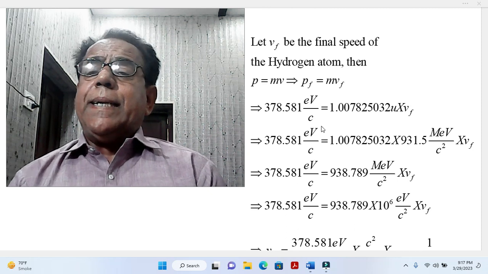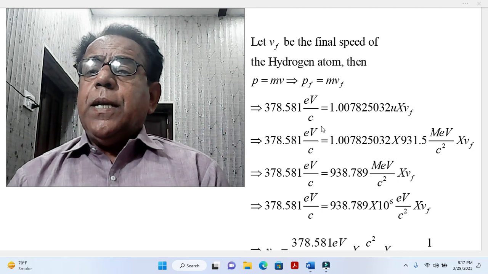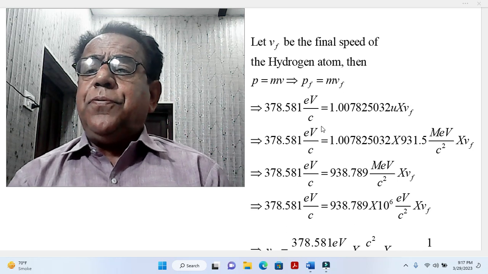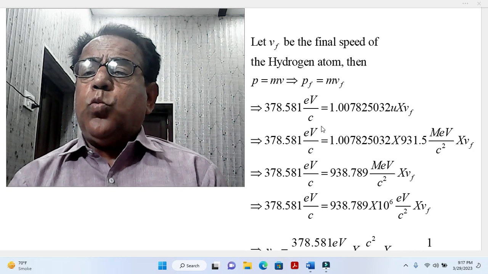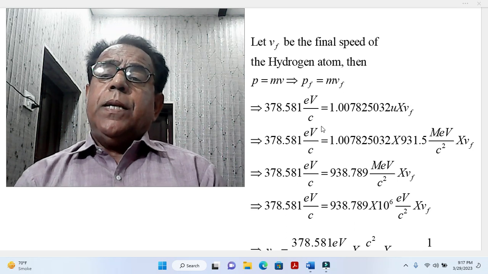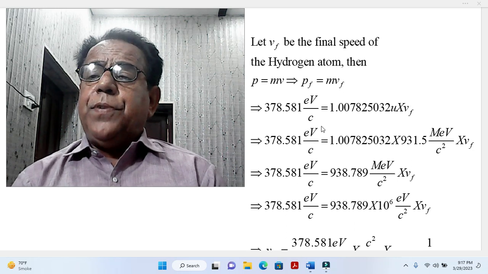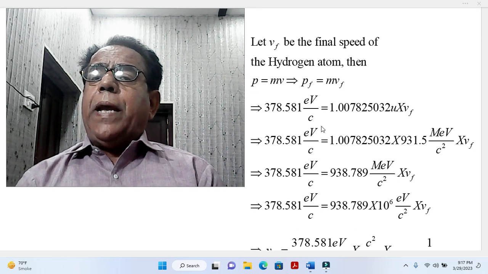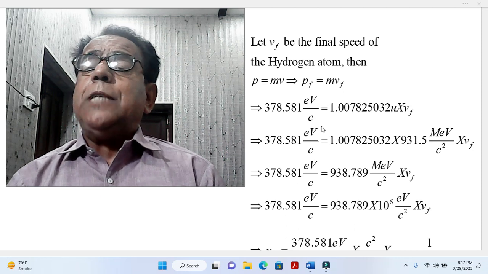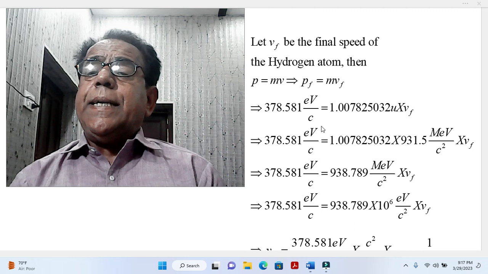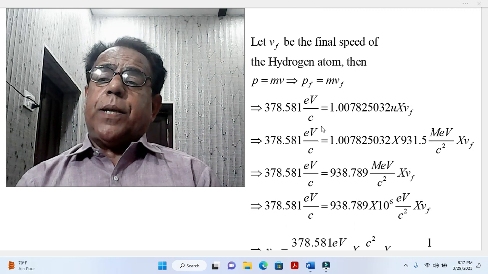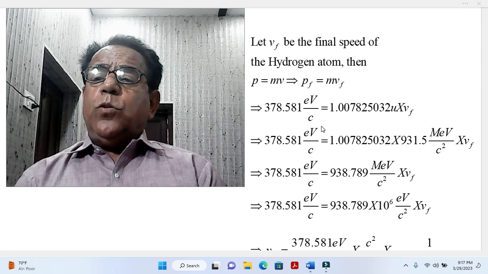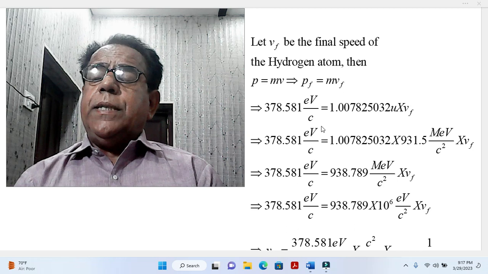So, because we are going to find the final speed, Pf, that is the final momentum, will become equal to m into Vf. Next, we have put the values of Pf and m. The value of m has been selected from a table in which the mass of the hydrogen atom in terms of atomic mass unit is given.